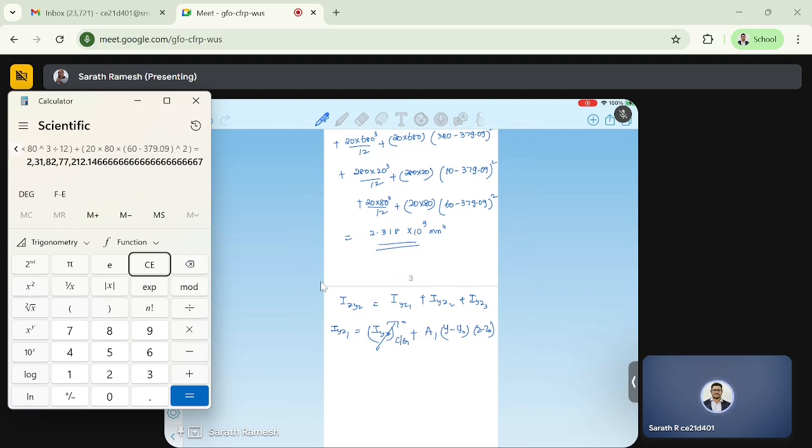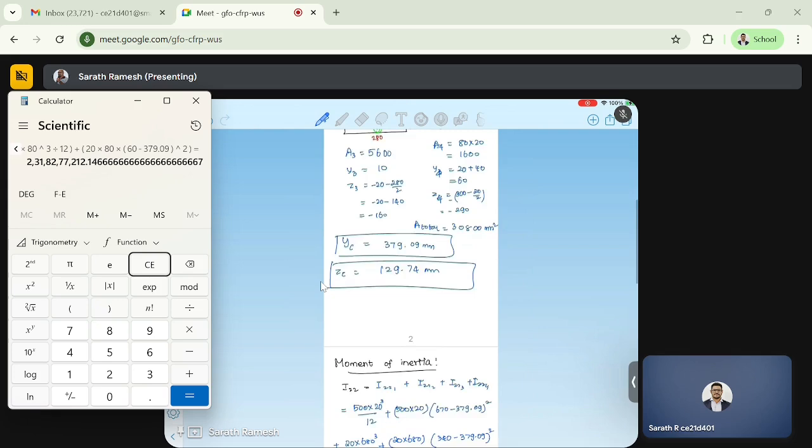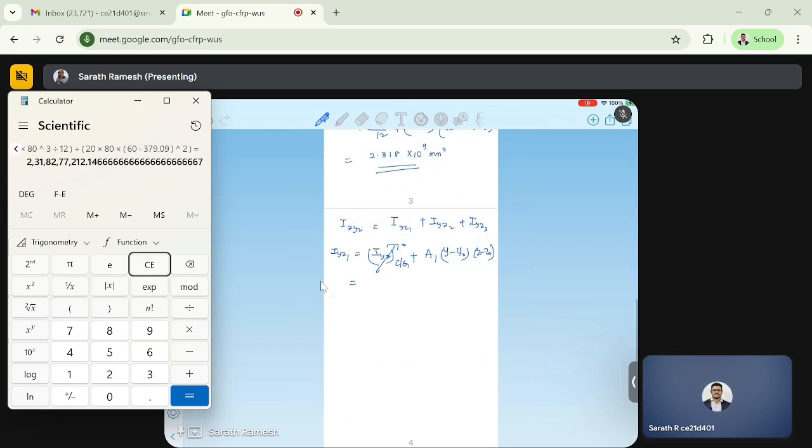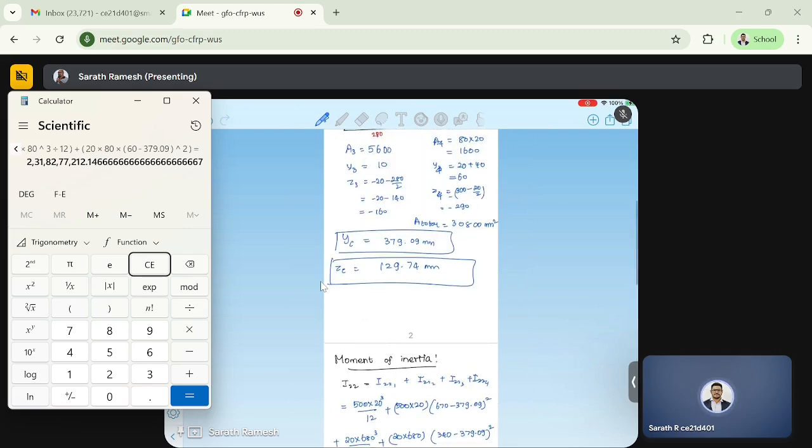So this is equal to, area A1 is 10,000 times y1 minus y naught.